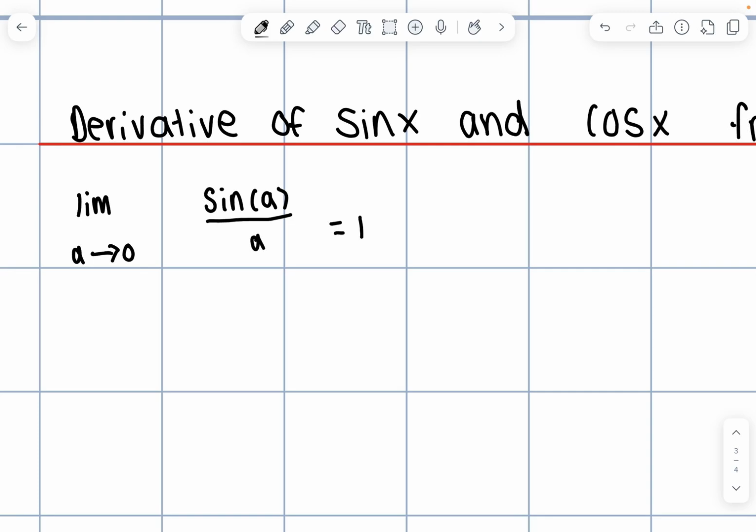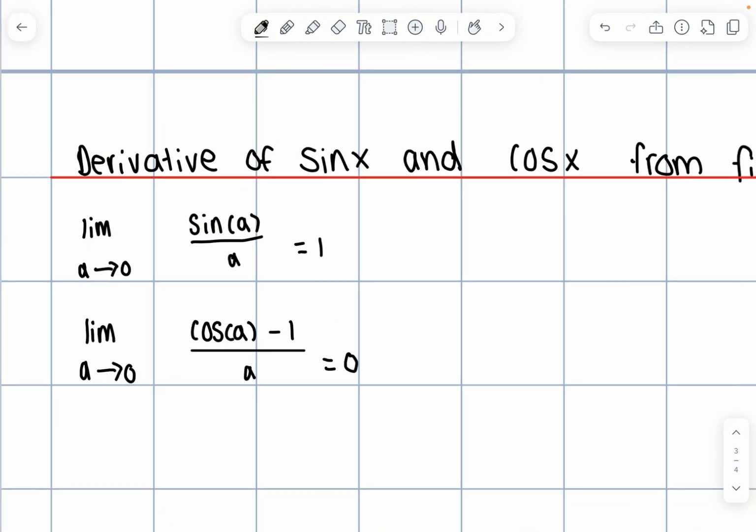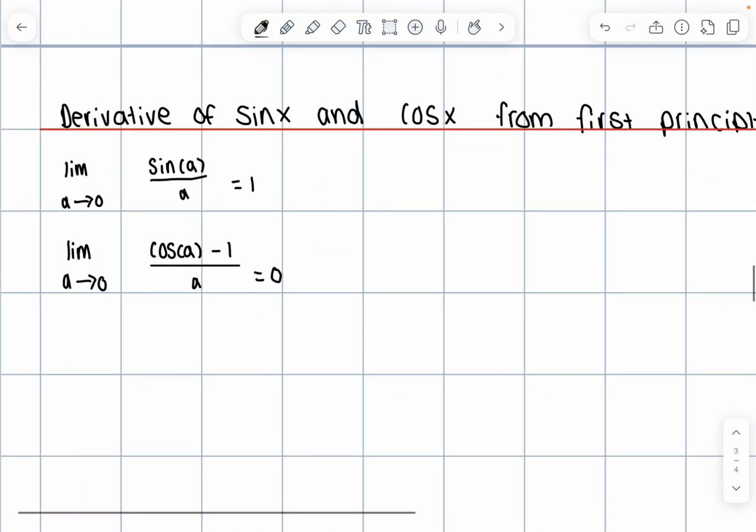In some of my other episodes I'm going to show where these come from, since there are different ways I can prove this, but the most useful one I think is using Taylor series and Maclaurin series for sine of x and cosine of x. And the other one is the limit as a tends to 0 of cosine of a minus 1 over a is 0. Those are just the two limits that we need to know for these to work.